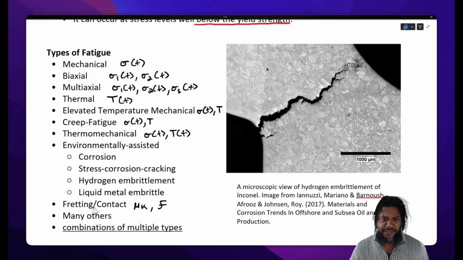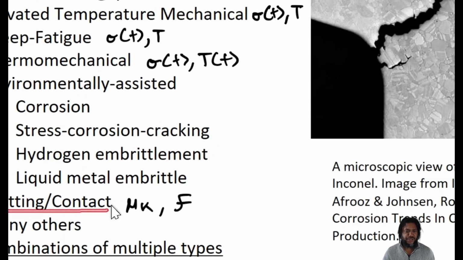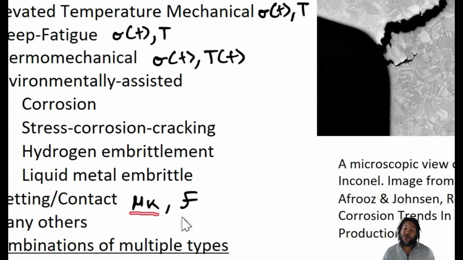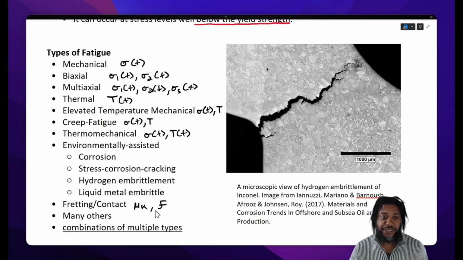And then in things like, say, gears or threaded components, where there can be wear and parts can be interacting with many billions of cycles, things like the kinetic friction coefficient can have a big impact on wear fatigue or fretting fatigue.